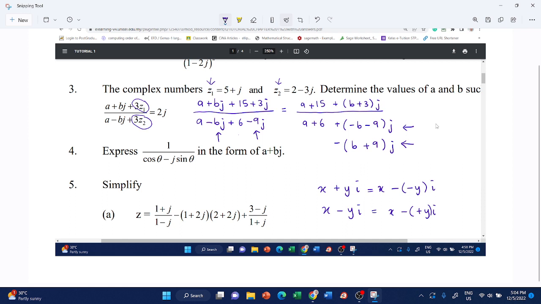Choose the easy one so that you can identify the conjugate. The second one is better in terms of writing down the conjugate. The first one has so many symbols: plus, minus, minus, so you have three symbols to rationalize.